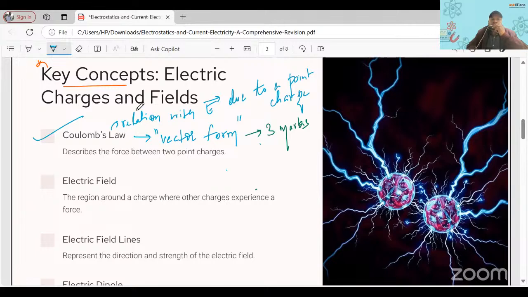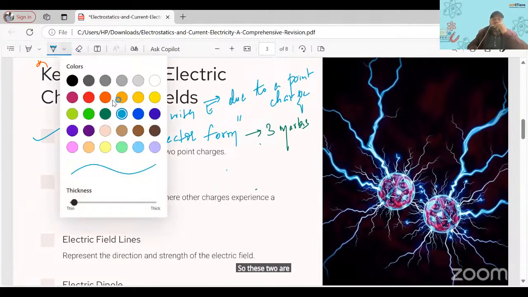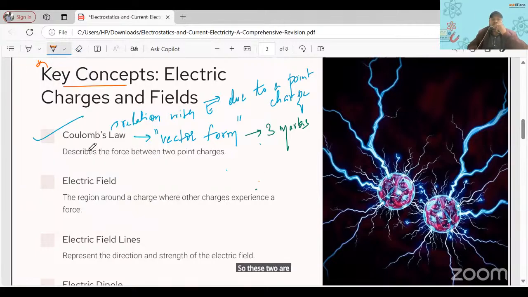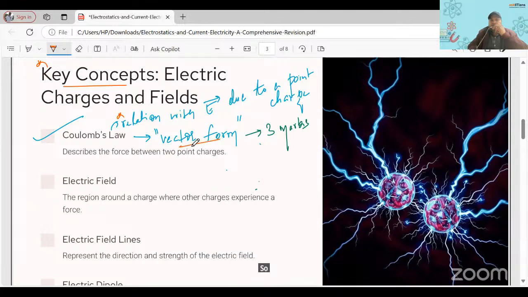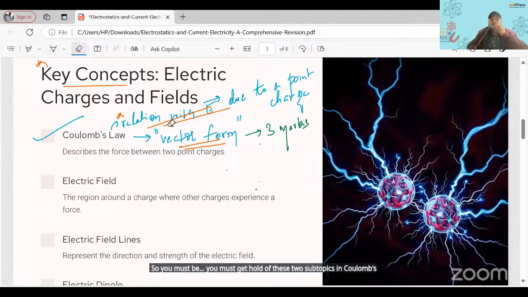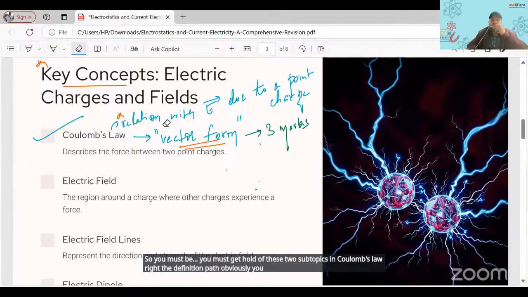These two are the subtopics from Coulomb's law that we already got questions on in the previous year. In CBSE, questions generally get repeated. So you must get hold of these two subtopics in Coulomb's law. The definition part, obviously, you must be knowing.